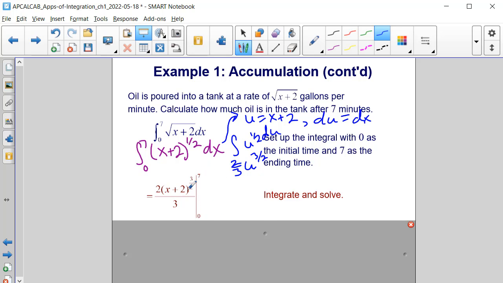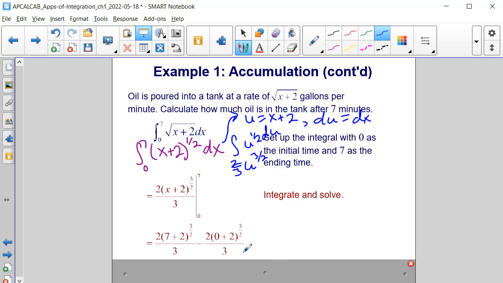And we're going to evaluate that from 0 to 7. So we're going to substitute 7 in and 0 in, and then evaluate our expression. If we do 7, we'll have 7 plus 2 is 9. The square root of 9 is 3. 3 cubed is 27. So we have 2 times 27, which is 54, and 54 divided by 3 is 18.